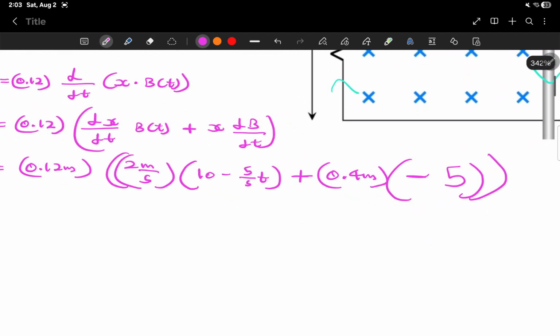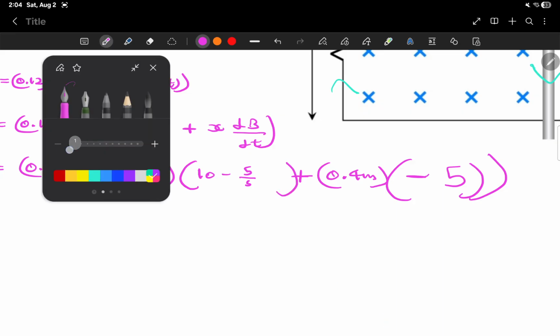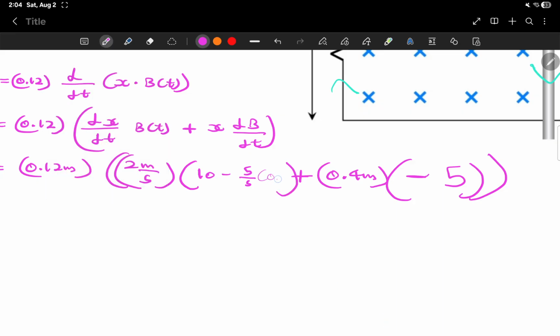So the time is 0.5 seconds, and here we have the time, the t. So I'll substitute 0.5 seconds for the time. I'll use a smaller font so the seconds will cancel.